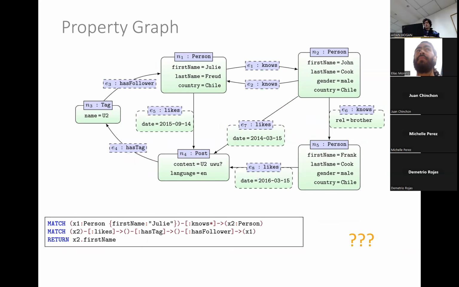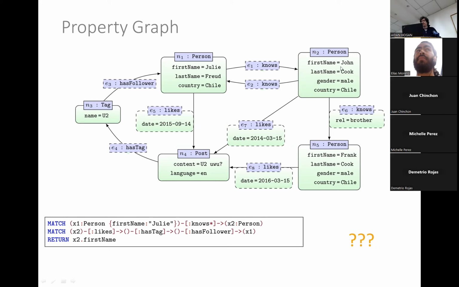So if we look at the property graph here, we see a similar kind of query, but this time in the Cypher query language rather than SPARQL. And we have X1 as a person whose first name is Julie, who knows recursively some other people. And then we're looking for X2 likes something that has a tag that is followed by Julie. Okay. So if we look at Julie, we see, who does she know?